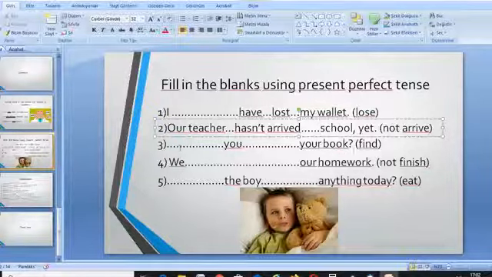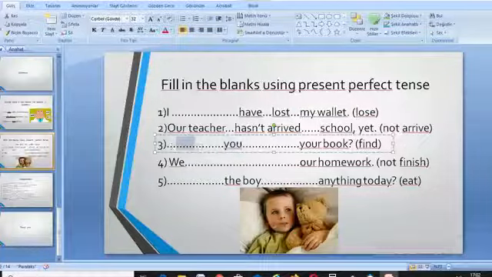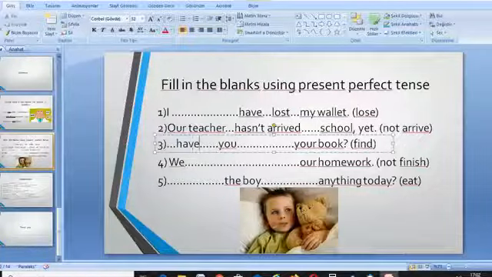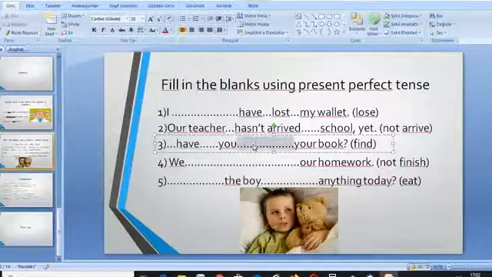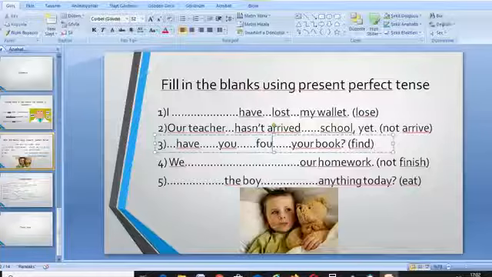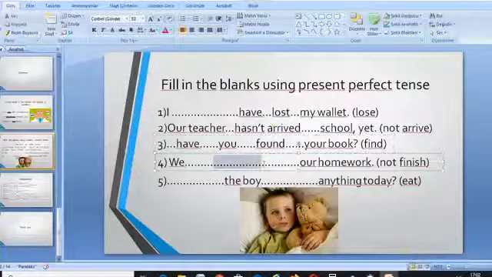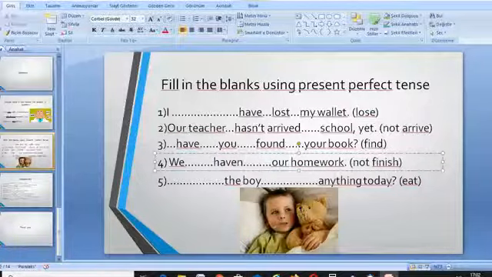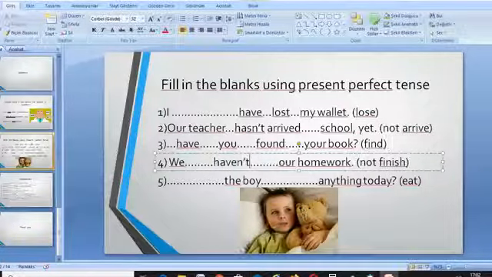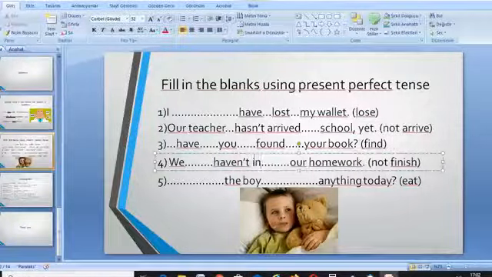So, look, a question this time. Our verb is find and our subject is you. So, have you. And what's the past participle of find? Find, found. We not finish our homework, so we say we haven't finished.